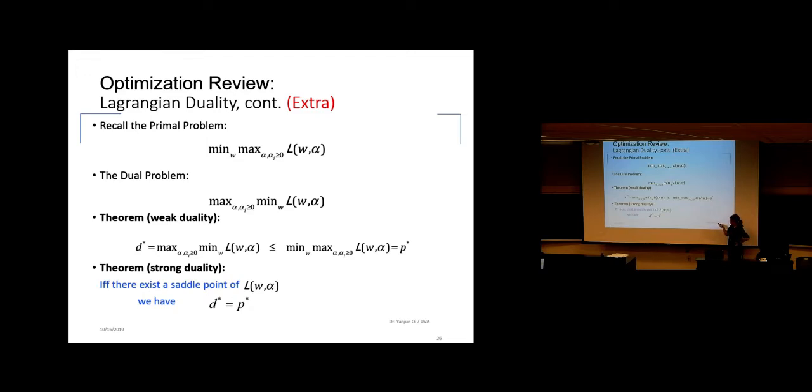So you do first the min over W, then you do max over the newly introduced alpha, and this solution, under strong duality, if there exists a saddle point, so don't worry, in the end you're just taking the gradient of this versus W, the best value of this formulation and the best value of this formulation equal each other.